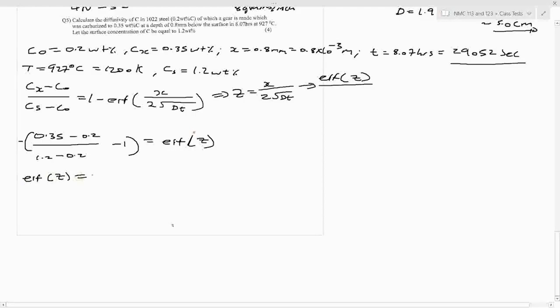And you find the error function value. Error function value is 0.85. You go to the error function table and find the corresponding values.